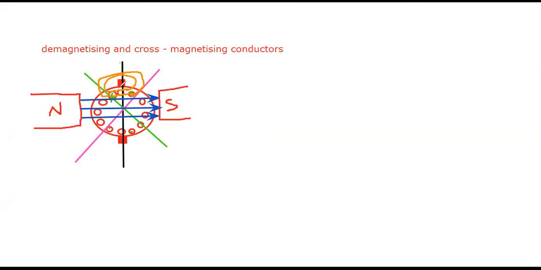The direction of current is indicated here, and for the direction of current we use different colors so that it can be understood easily. Here it is coming in the forward direction, here it is in reverse, and here it is in the forward direction.